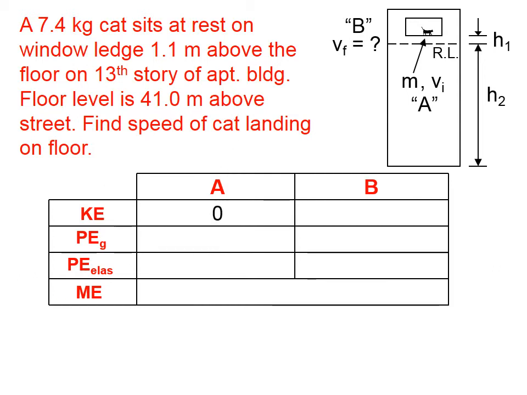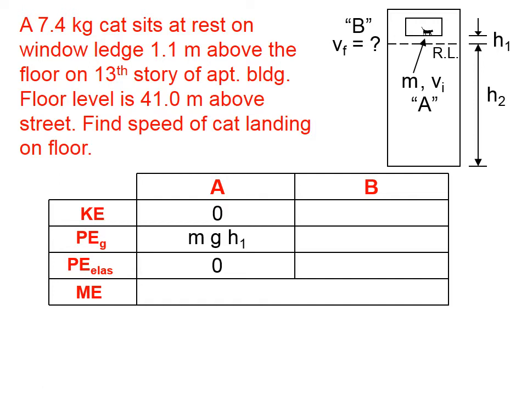The cat doesn't have any kinetic energy in snapshot A because he's at rest. But relative to the reference line, he does have some gravitational potential energy equal to his mass times g times his height above the reference line, which would be m times g times h1. We don't have any springs in this problem, so there's no elastic potential energy to worry about.